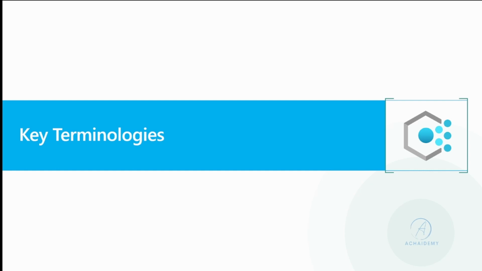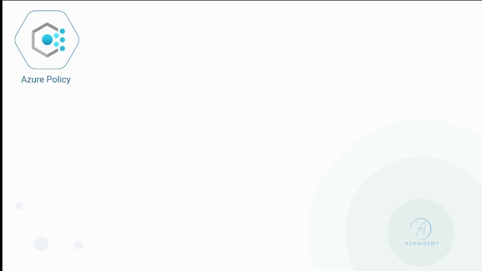Let's quickly look at a few of the terms that we generally hear and need to understand Azure policy better. A policy definition is a JSON object that describes an Azure policy. The Azure policy typically includes a set of parameters and a logical condition. Finally, the action or the effect that needs to be taken based on the condition's result.